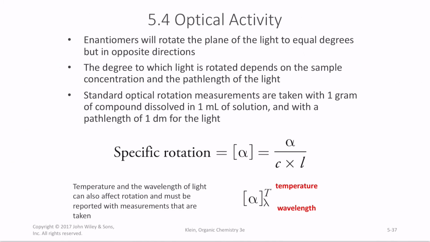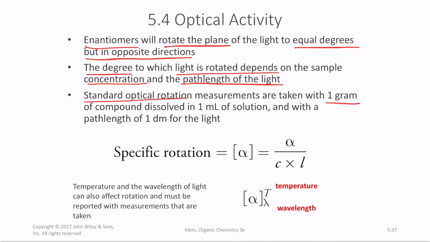One way to know this is by calculating the specific rotation. Enantiomers will rotate the plane of light by equal degrees in opposite directions. The degree to which light is rotated depends on the sample concentration and path length of light. Standard optical rotation measurements are generally taken with 1 gram of the compound dissolved in 1 ml of solution with a path length of 1 decimeter for the light.